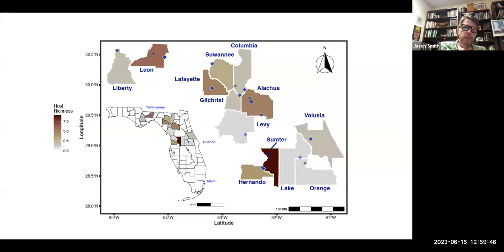These are the locations where we know it occurs so far, and the different hosts that we found it on. This is not from any kind of official survey. This is just from reports and from samples that have been submitted to the Division of Plant Industry and the Florida Forest Service, and then people in my lab who have collected samples. But it could very well be found well beyond this, just since 2019.